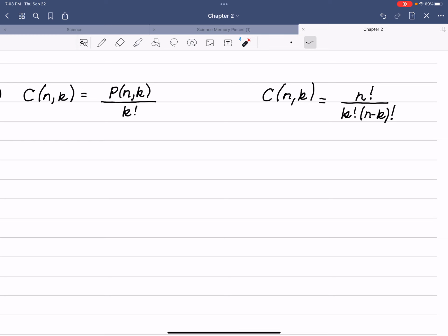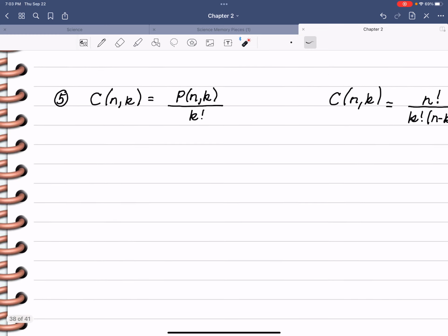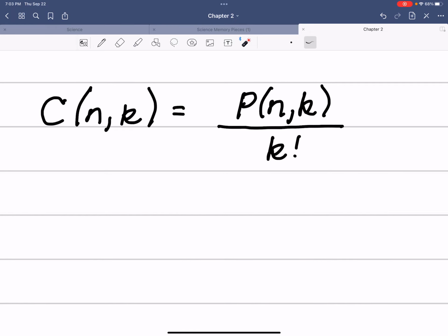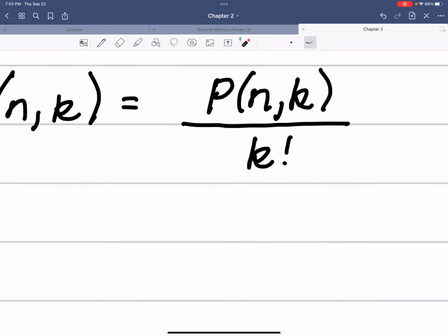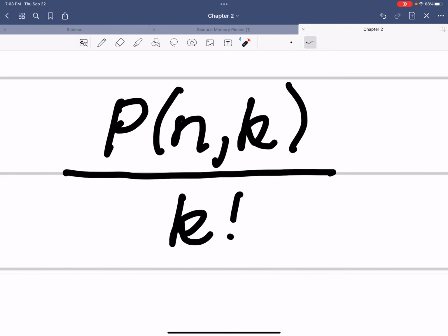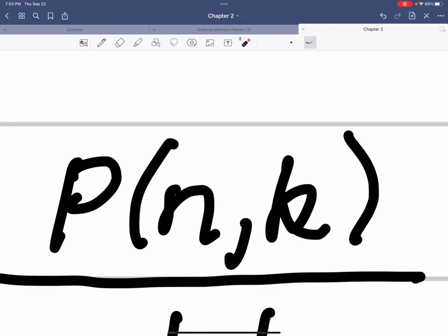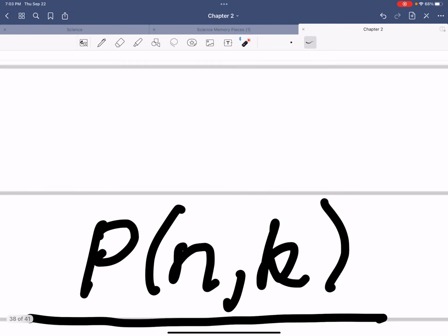So I'm going to start with the formula that we're used to. I'm really going to just zoom in on this part of the formula, and even more on just this part. So I want us to focus right here for just a minute.